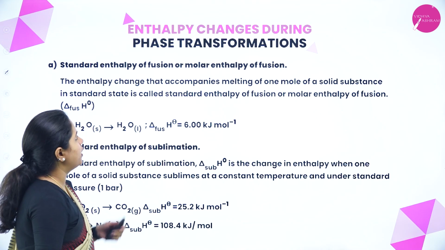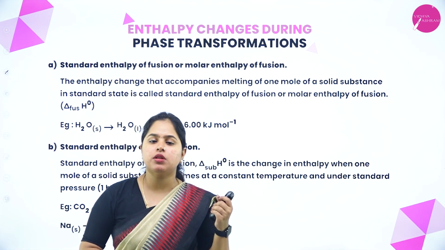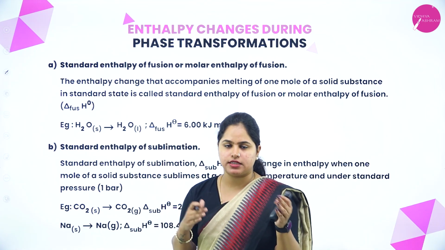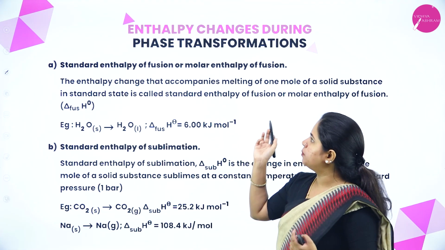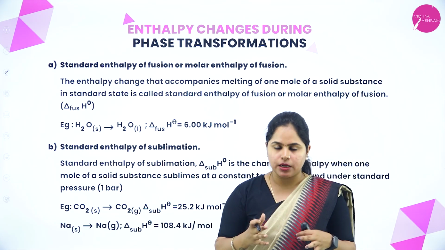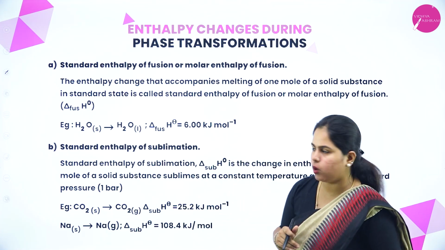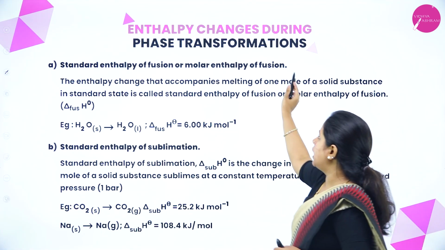Now moving on to the next one, enthalpy changes during phase transformation. As I told you in the beginning of this session, phase transformation means converting from one state to another. The enthalpy change associated with it is called enthalpy change in phase transformation. That means from solid to liquid, liquid to gas or gas to solid. So the first one is standard enthalpy of fusion or molar enthalpy of fusion.